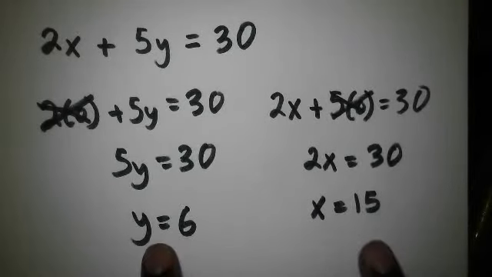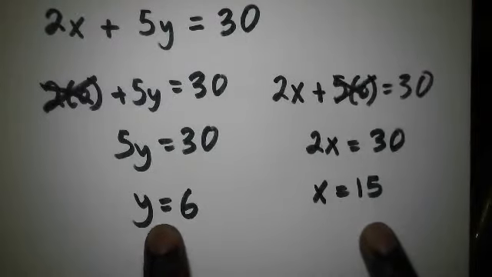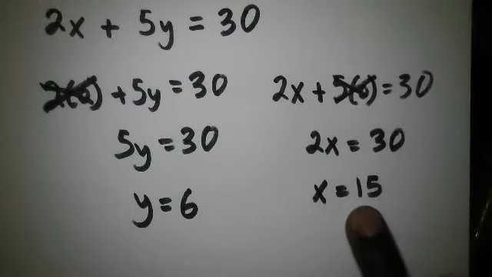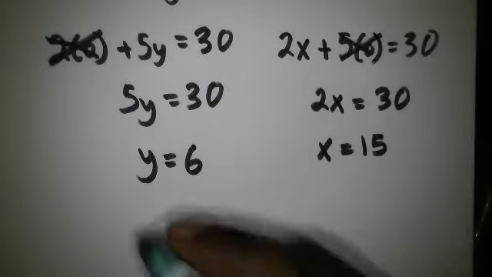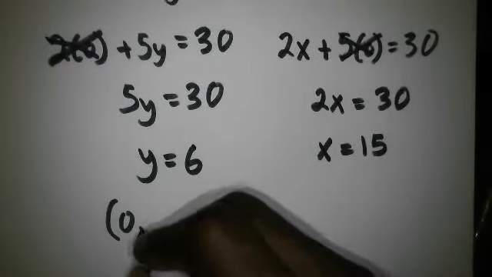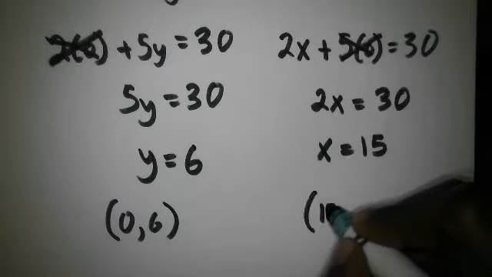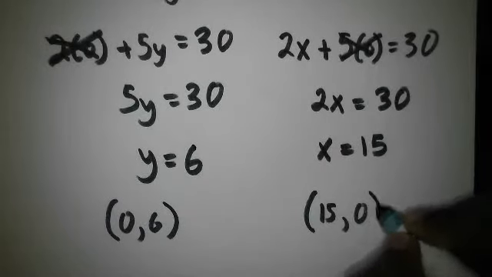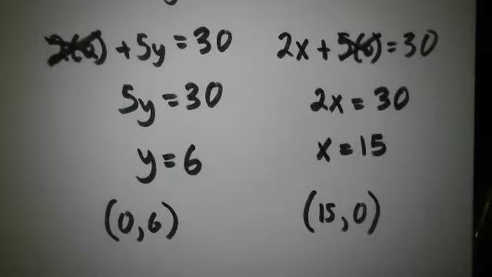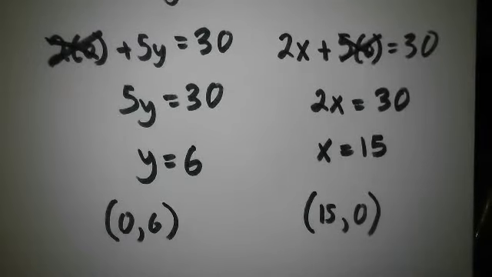So we have our y which is at 6, and our x which is at 15. Now we can write it in a coordinate plane. If x is 0, y is 6. If y is 0, x is 15. So there are the coordinates, and let's graph it.